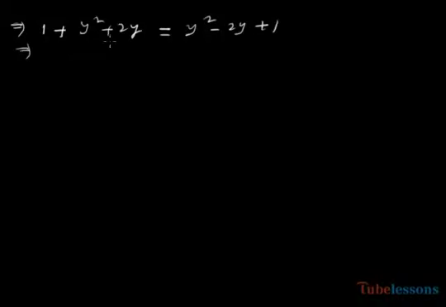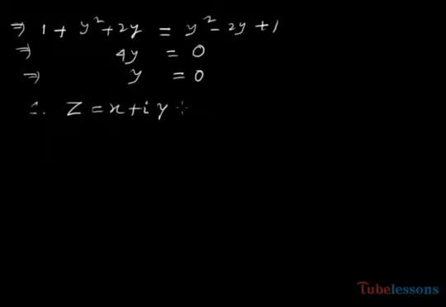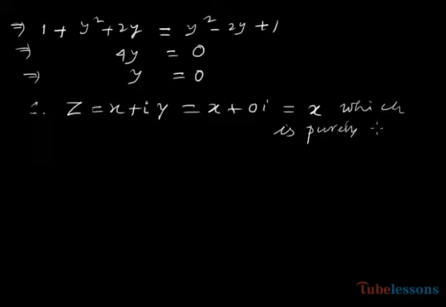So this implies 4y is equal to 0, that is y is equal to 0. Therefore z is equal to x plus iy is equal to x plus 0i is equal to x, which is purely real. Okay. Thank you.